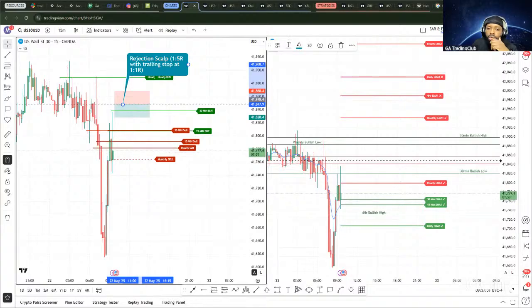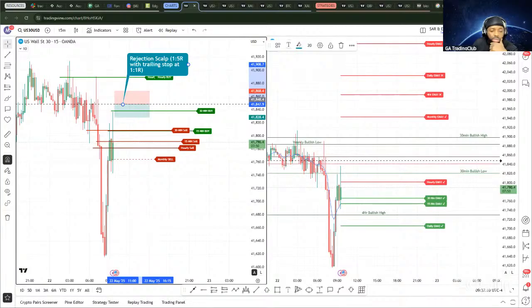Copier. Copy from this to the US 30 account. Fixed lot.